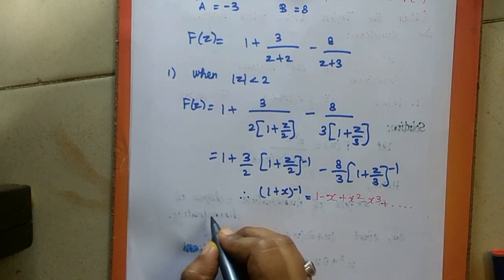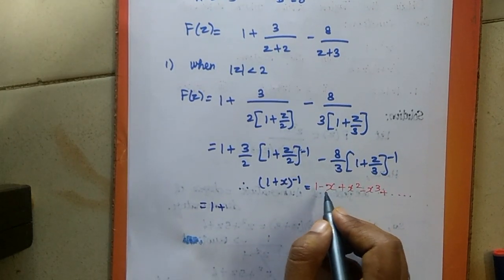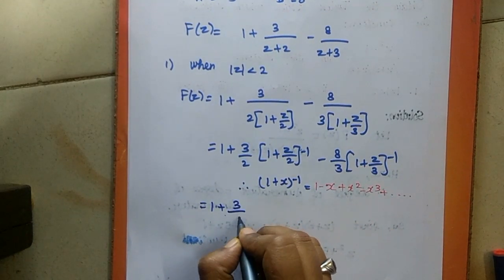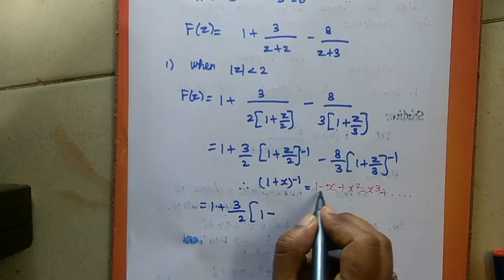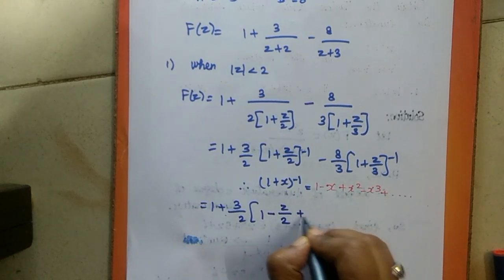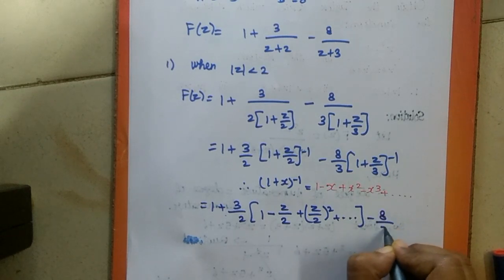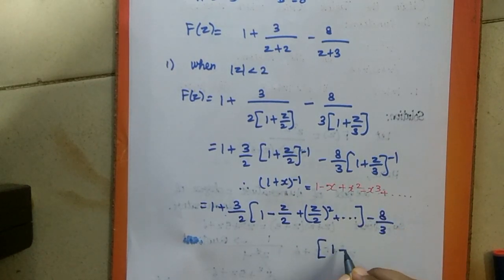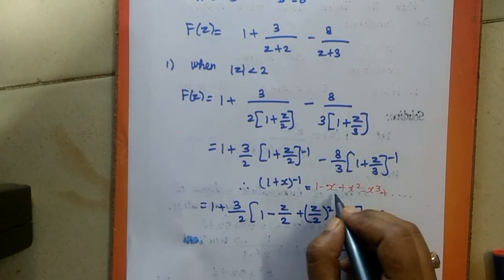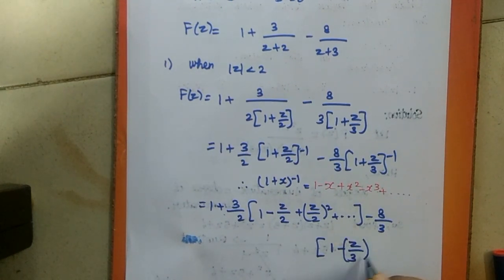Now we are going to substitute this formula, expand this formula, then 1 plus z by 2, 1 minus, in terms of x we have to substitute the value z by 2 plus z by 2 whole square goes on. Likewise 8 by 3 into 1 minus, in this place we have x, in this place we have z by 3, so we substitute z by 3 plus z by 3 cube and goes on.